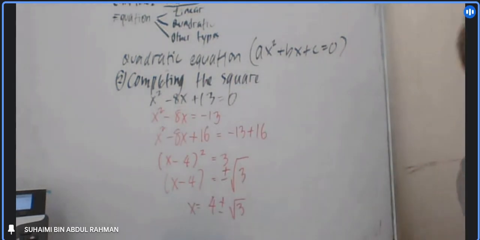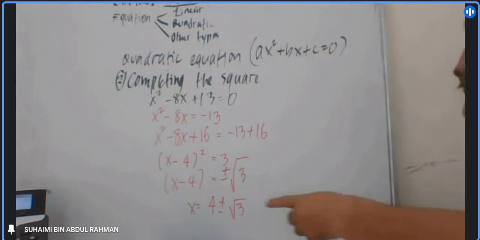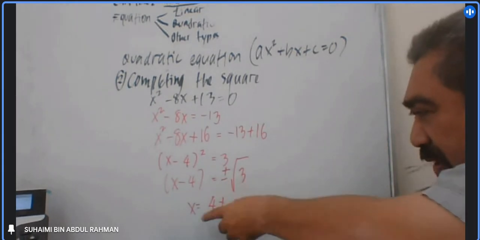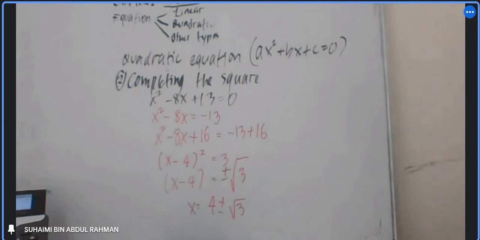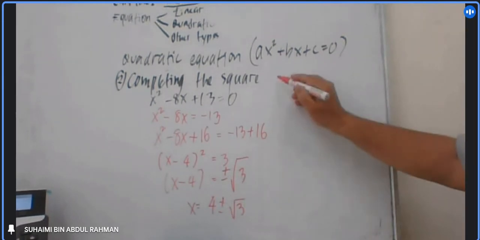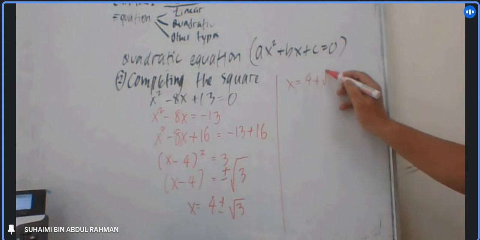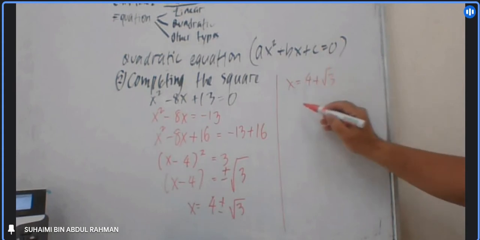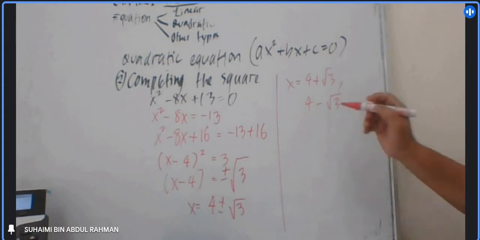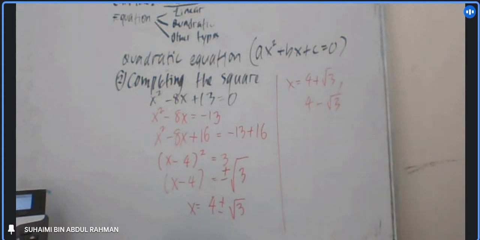The number of x must be 2 as well, because even though it looks like 1 here, in fact it's 2. Because this is in fact x equal to 4 plus square root of 3, and another one, x equal to 4 minus square root of 3. So 2 values of x.